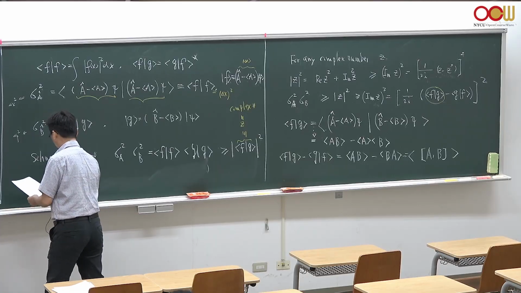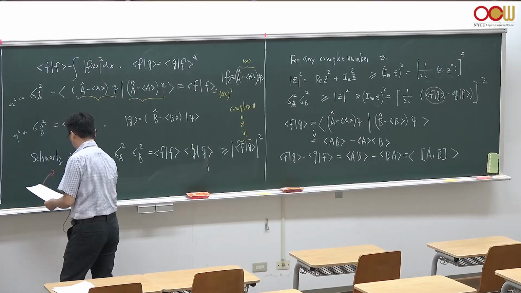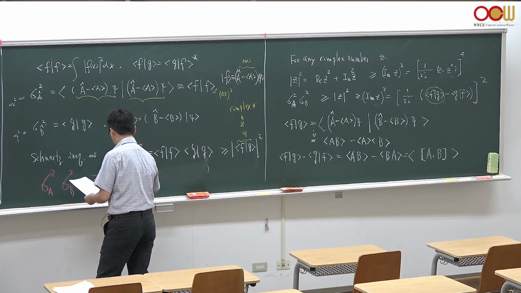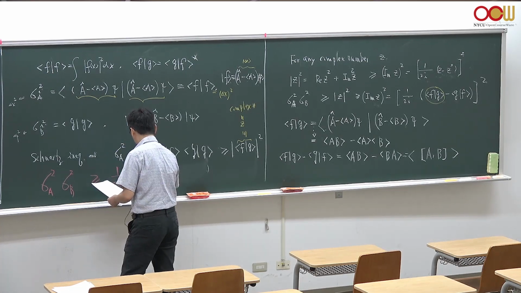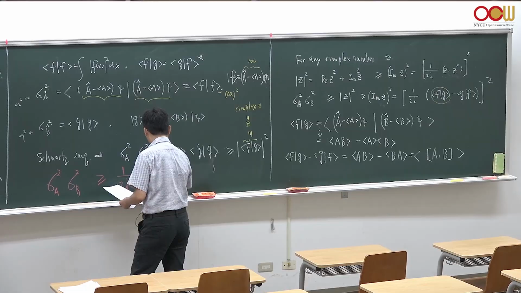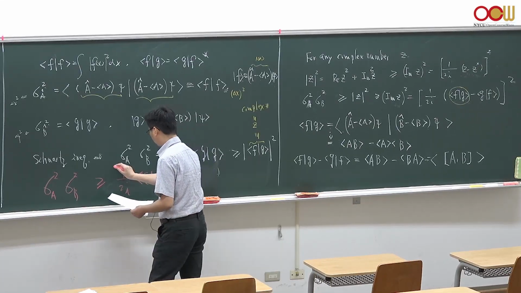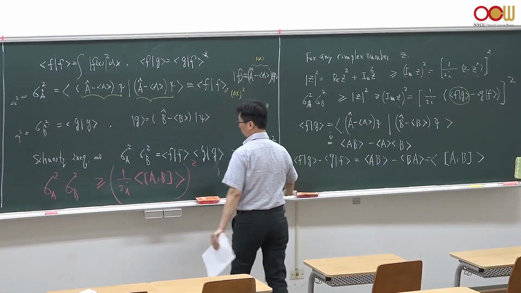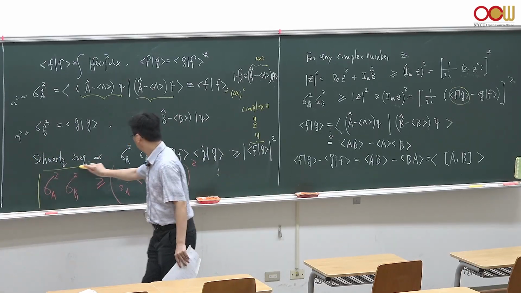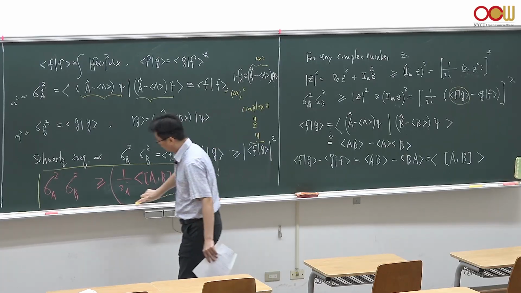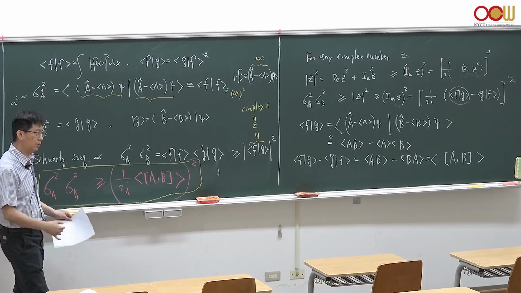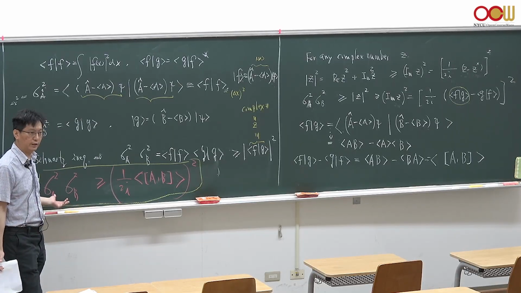So you get the Heisenberg uncertainty relation, which means that sigma a squared times sigma b squared is greater than or equal to the expectation value of the commutator between A and B divided by 2i, squared, on the right-hand side. So this is the formal derivation of the Heisenberg uncertainty relation, which holds for arbitrary two operators. You can plug in whatever operator you like for A and B.